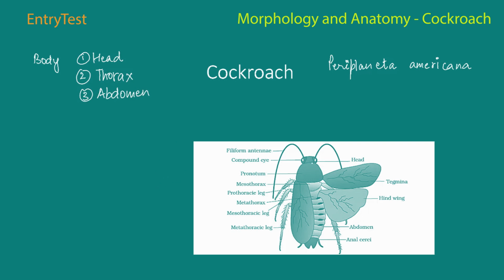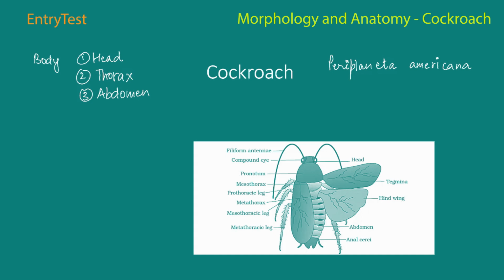The head has a pair of compound eyes, and there are antennae originating from the head, known as filiform antennae. And then there's a structure called the pronotum. Then is the central area called mesothorax. Then you have the metathorax, and finally the abdomen.